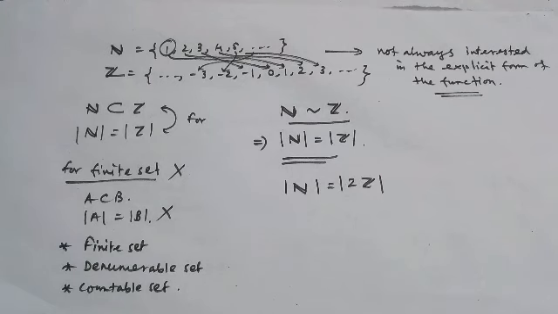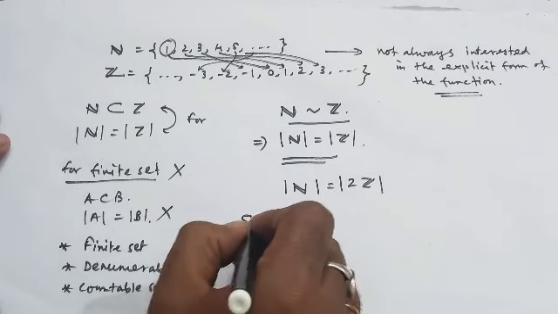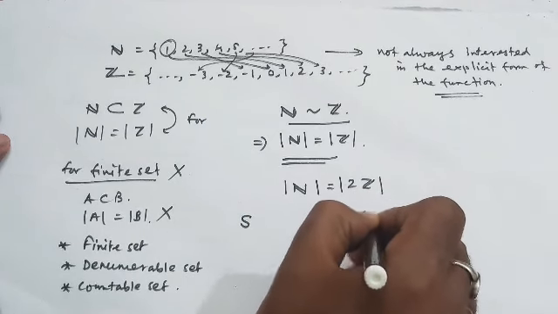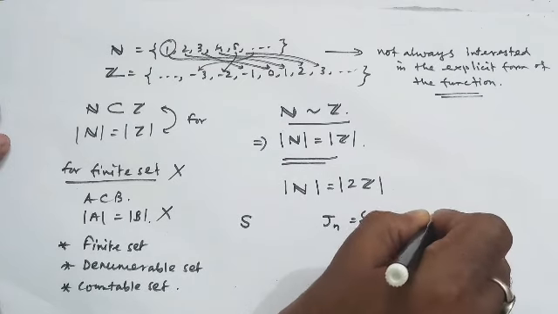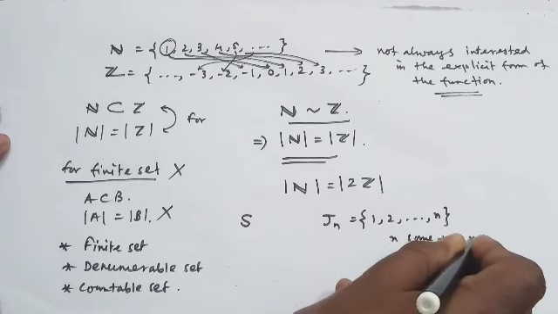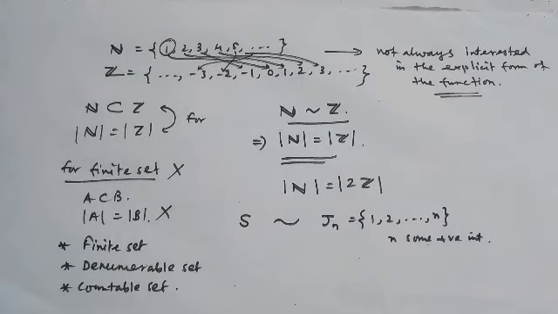When we call a set a finite set, one possibility is that it is empty. Another possibility is that all the elements of that set S will be mapped in some fashion with the elements of Jn, where n is some positive integer. That is, S is equivalent with Jn. Then we call that set S a finite set.